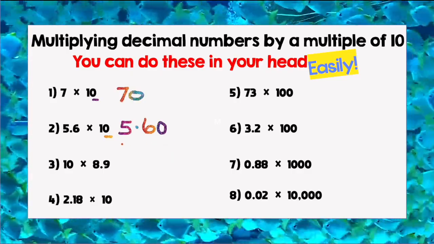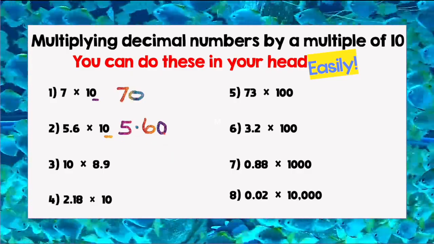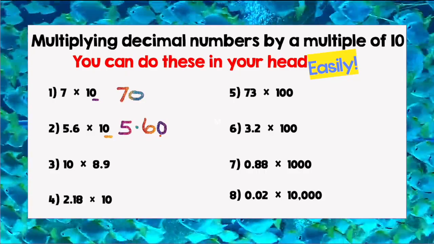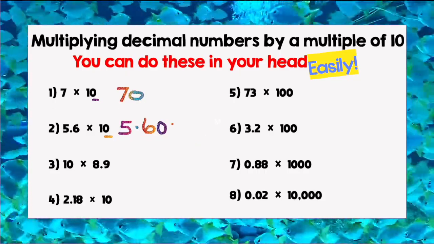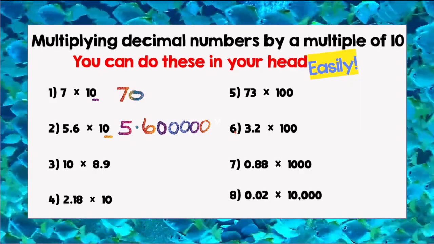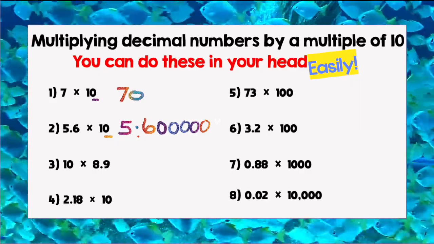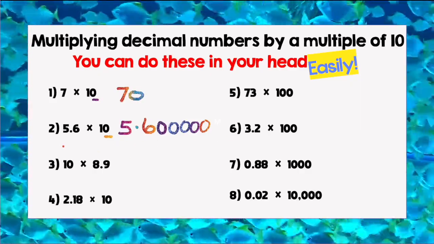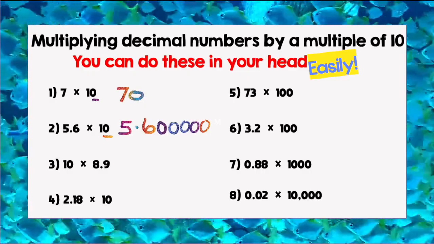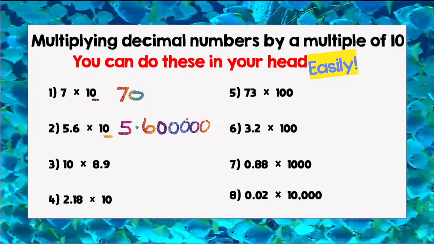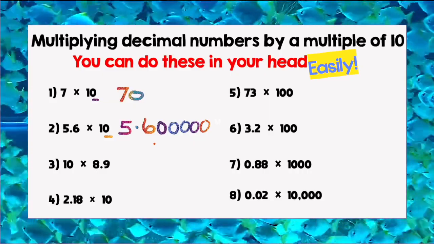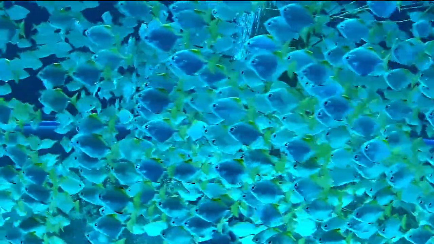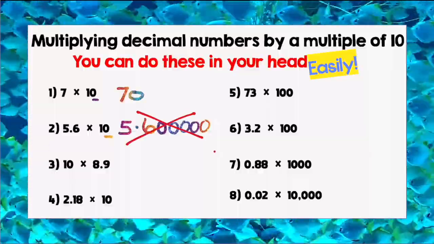But here you can see 5.60 is still the same as 5.6. It hasn't changed. In fact, I could add as many zeros as you wanted. It still wouldn't change the fact that we still have 5.6. And here, 5.6 times 10 was supposed to be a whole 10 times bigger, and this hasn't changed. So that means this is not right.